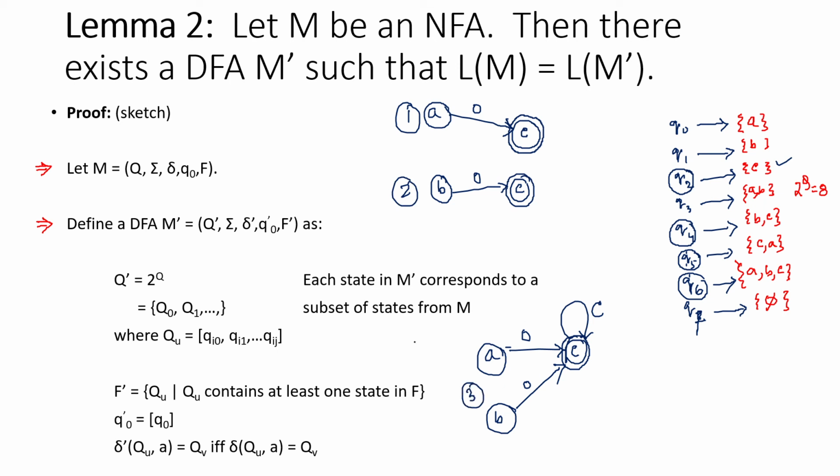And possibility number 4 is a situation like A to C for some input 0, even from B to C, even from C to C itself for the same input.